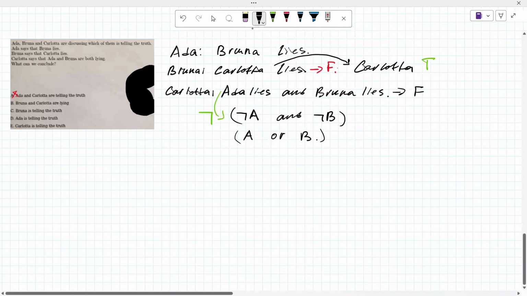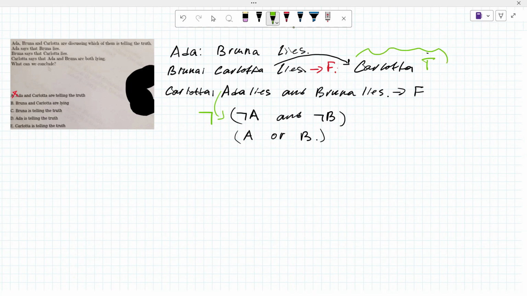We already denoted that the statement of Bruna, Carlota lies, is false. Then Carlota is telling the truth. By assuming that Bruna is telling a falsehood, the statement of Carlota automatically becomes true.